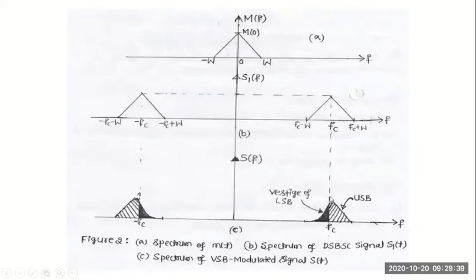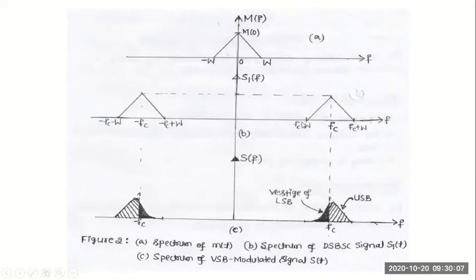So you're going to get the signal shifted to the carrier frequency when we multiply this message with the carrier. Now comes the usage of a bandpass filter. The bandpass filter will be used in such a way that you're going to filter out the required sideband. Say I want USB. I want USB completely. I'm going to filter out USB fully, but along with the required USB, I will filter out a small portion of LSB also.